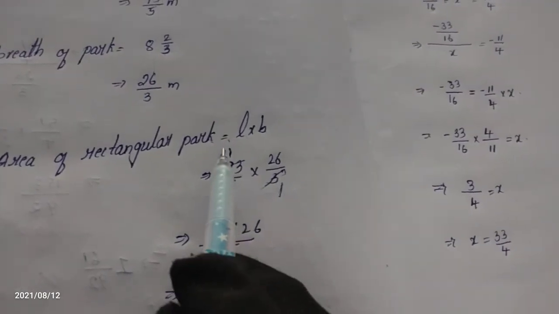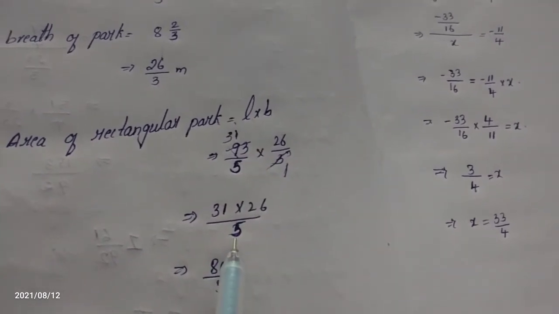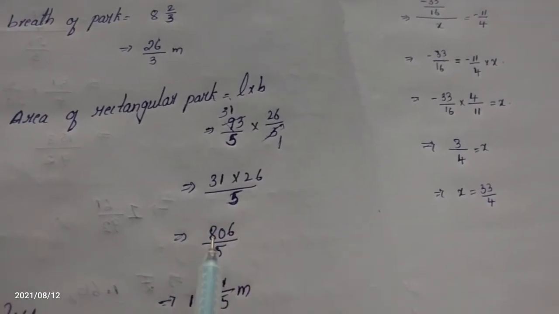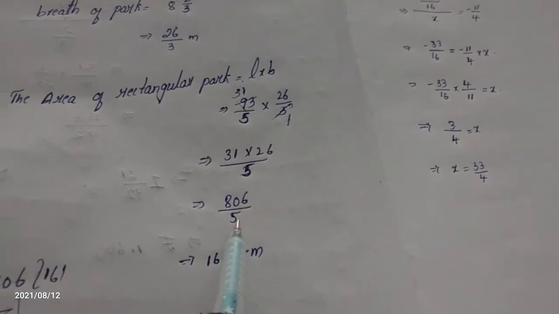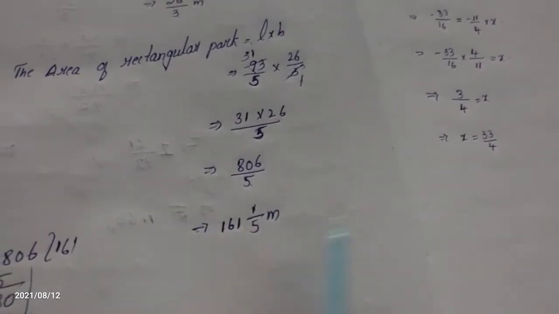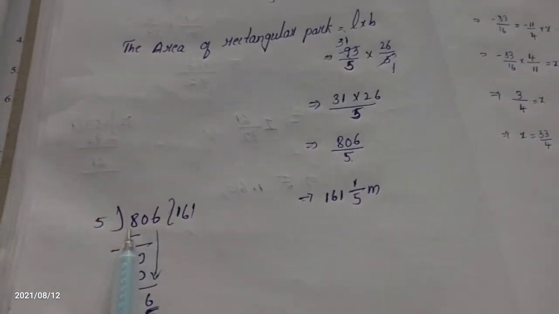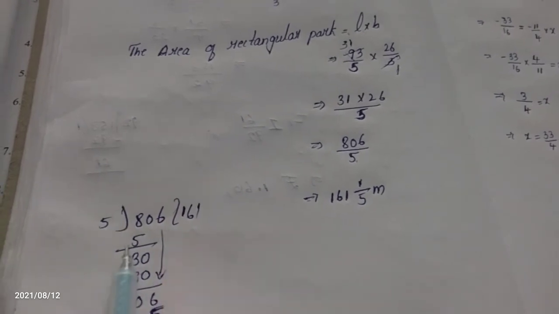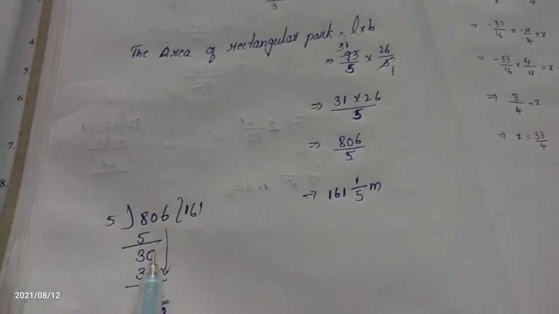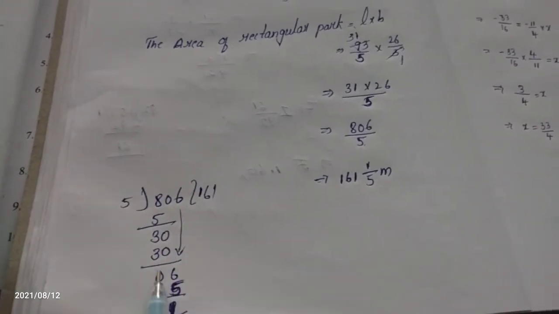Okay, after converting what do we get? 31 into 26 divided by 5. After multiplying these two numbers, what do we get? 806 divided by 5. This value can be written as a mixed fraction by doing the division. 8 divided by 5: 5 ones are 5, after subtracting we get 3, bring down 0. 30, 5 sixes are 30. 30 minus 30 is 0.